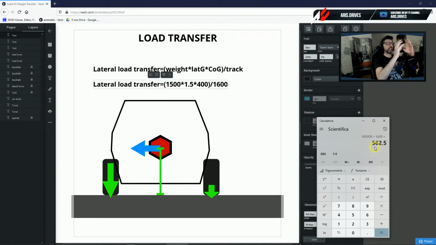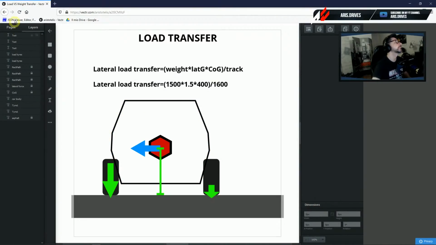So from the center, you have those 150 kilos, okay? Half of them will go on one side of the car and the other half will go on the other side. Instead, here you get 750, to let you understand what is going on.